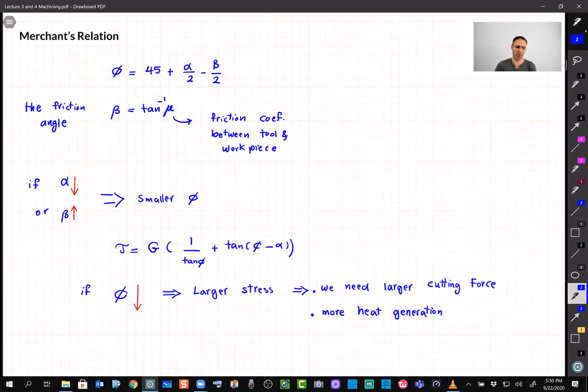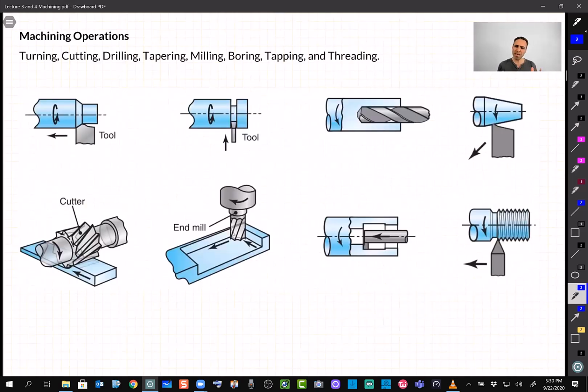So we review that one. Now that we have a basic understanding of the mechanism of removing material, let's look at the machining operations. A machining operation involves a tool removing material, but it can take different forms. The 8 images that I show are the most common, but they are not the only machining processes that we have.